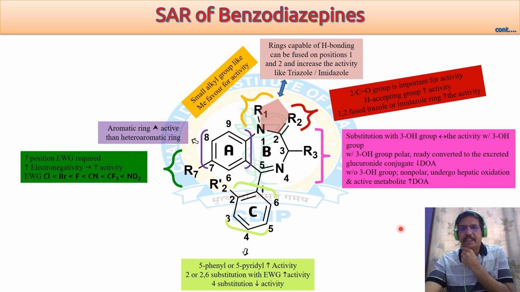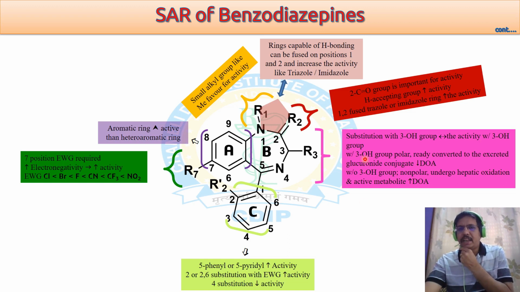The next is the summary of the structural relationship of benzodiazepines. This is the key structure where different areas are there when we go for modifications. First, R3 we already discussed: substitution with a 3-hydroxy group, the activity is equivalent to that without the 3-hydroxy group.